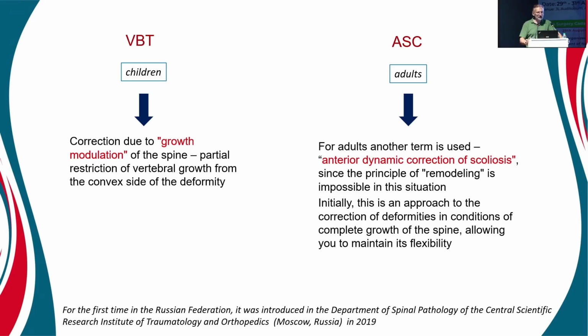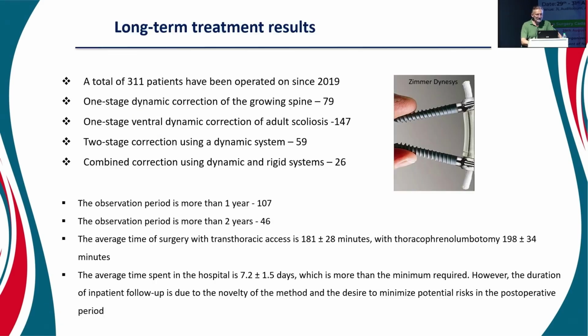And now we have a new technology, ASC, anterior scoliosis correction, for adults. Since the principle of remodeling is impossible in this situation, this is an approach to correcting deformity in conditions of complete growth of the spine, allowing us to maintain its flexibility.